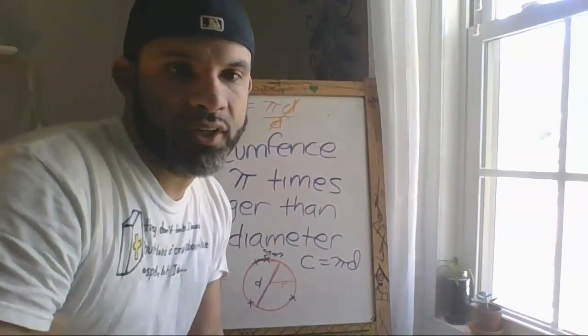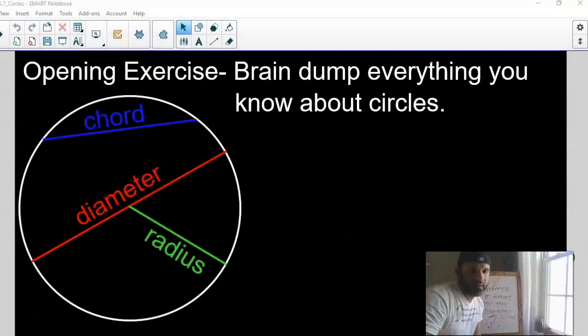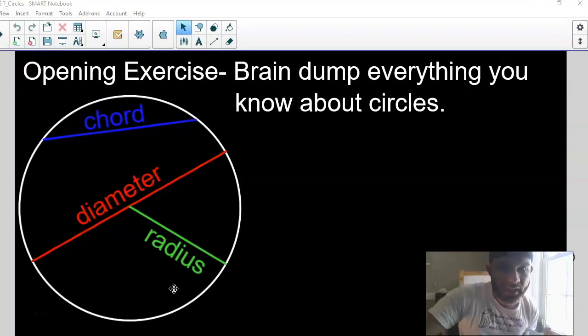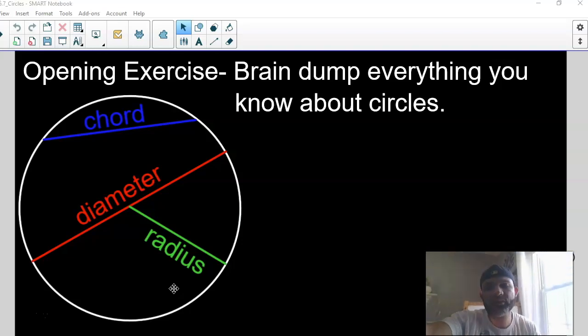So what we're going to do is take this a step further. We're going to talk about how we calculate those things. We're just going to practice calculating the area and circumference for a circle.